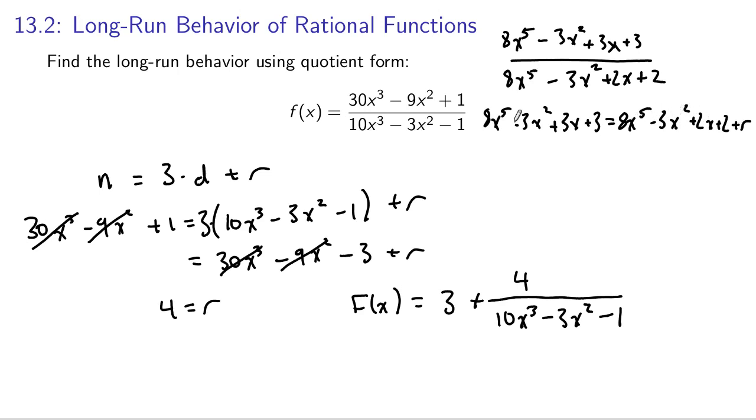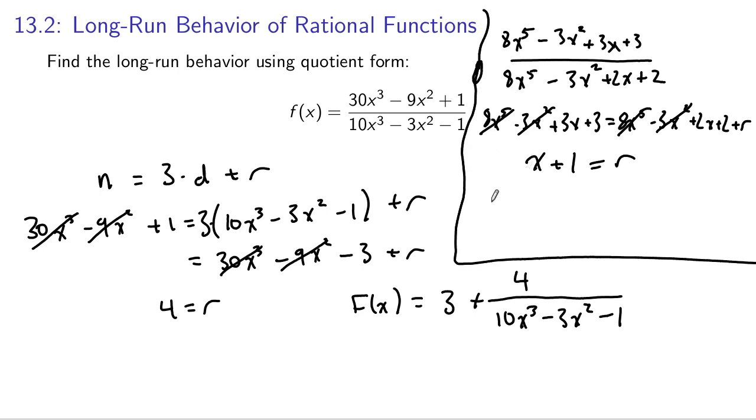So subtracting from both sides, we'll lose the 8x to the 5th. So we'll lose the same minus 3x squared. So we'll subtract 2x from 3x to get x, and 2 from 3 to get 1. And that's what our remainder is, x plus 1. So then we can use the quotient form to write this in quotient form. So this is a different example.